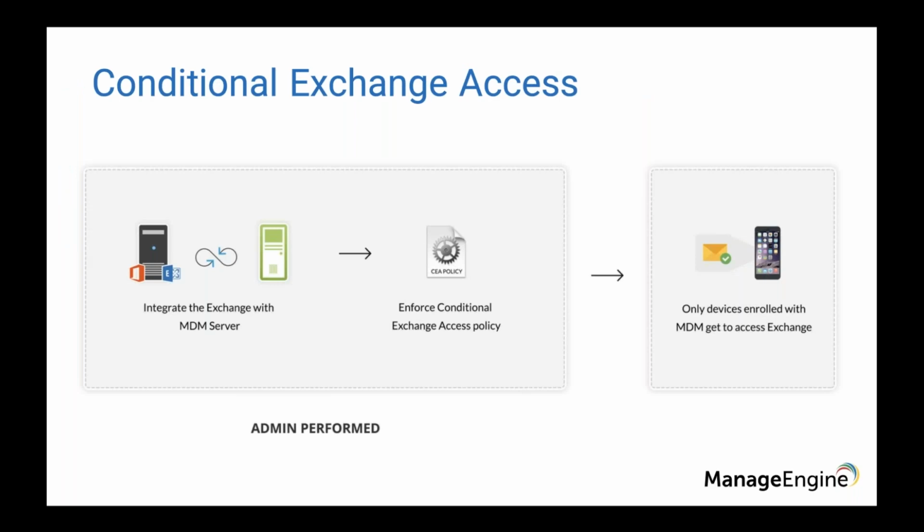So once that is done, we would see how the conditional exchange access can be set up. So you integrate the Exchange Server with the MDM. You enforce a particular conditional exchange access policy through the MDM itself, and only the devices that are enrolled with the MDM solution would gain access to their Exchange mail services.